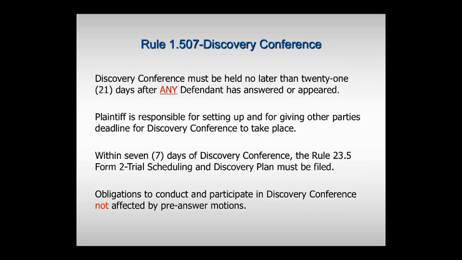Then, within 7 days after that discovery conference, new Form 2, Trial Scheduling and Discovery Plan, must be filed. Note that you can't put off your obligations to participate in the discovery conference or to conduct disclosures by filing some pre-answer motion.